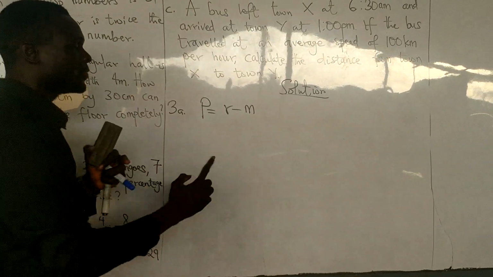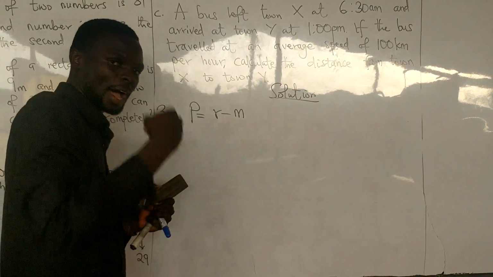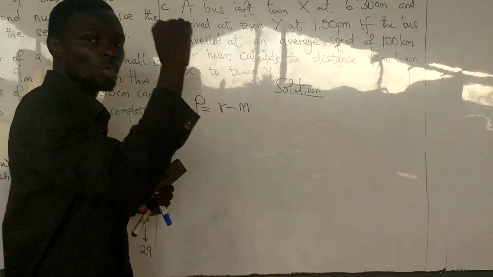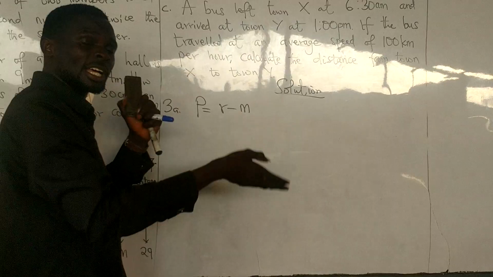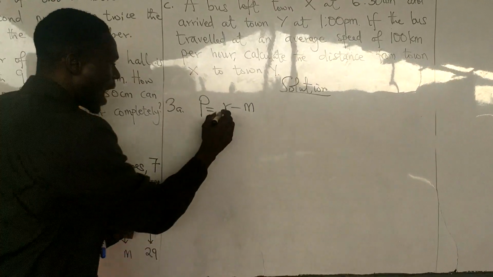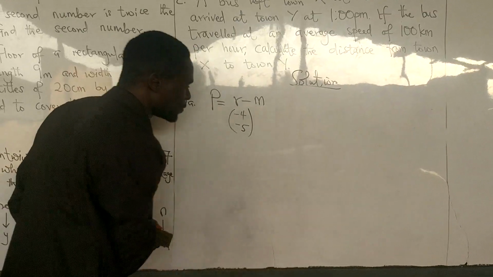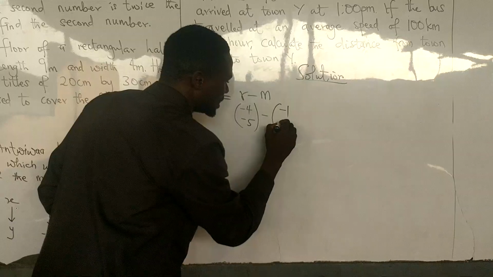And we've been given vector r as negative 4, negative 5, and m as negative 1, negative 2. Since we know r and we know m, we'll just substitute. So r is negative 4, negative 5, minus m, which is negative 1, negative 2.